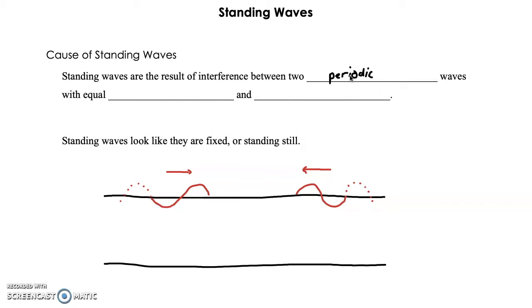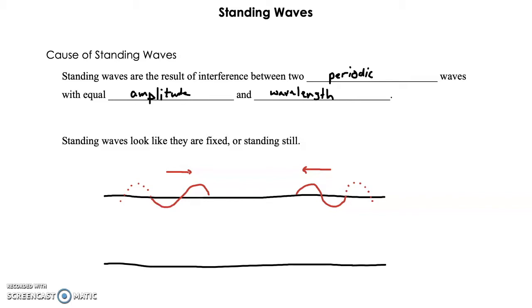So they have to be periodic waves, and they have to be identical. So that means that they have equal amplitude and wavelength. Those are the two characteristics of the waves that make them the same. Equal amplitude and wavelength.